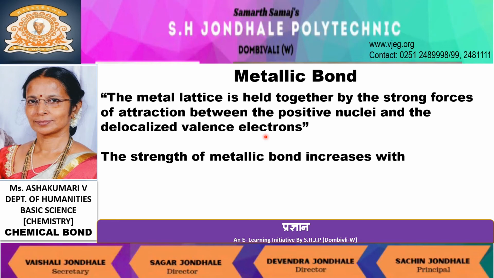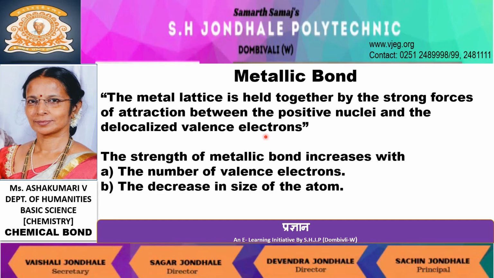The strength of metallic bond increases with the number of valence electrons. That is, greater the number of valence electrons, greater is its strength. Strength also increases with decrease in size of the atom. Smaller the size of the atom, greater is the strength of the metallic bond.